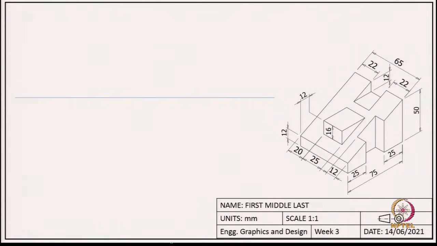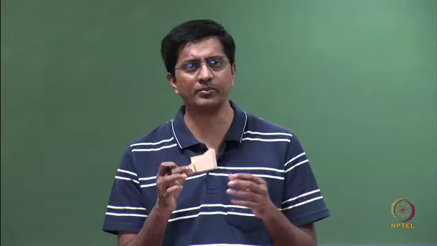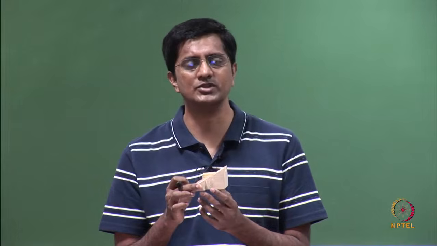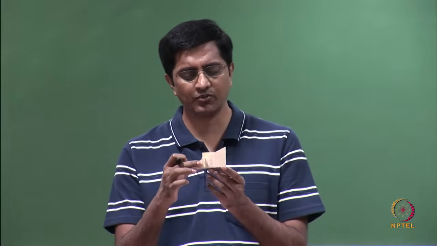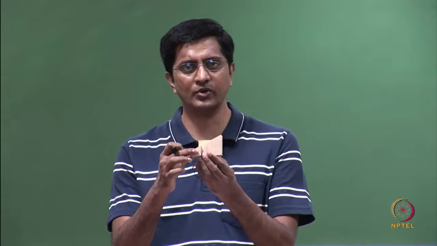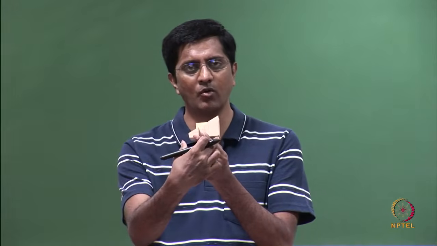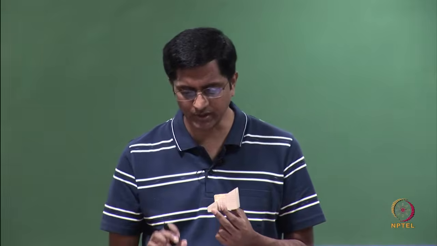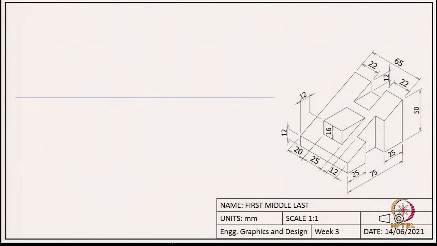Usually the first step in drawing is to capture the overall dimensions of the object. If you are looking at the front view, you need to capture the overall width and overall height of the object. Looking at this isometric view, you know that the width is 75 and the height is 50.